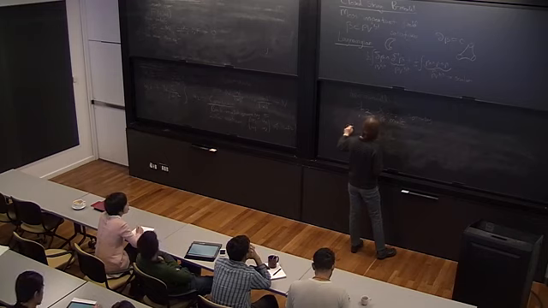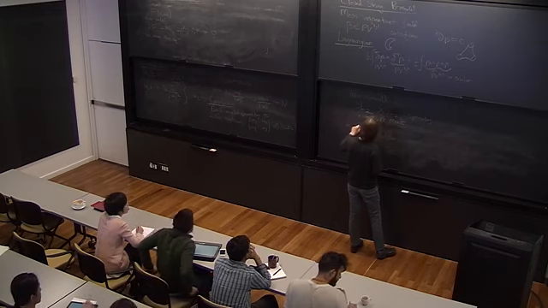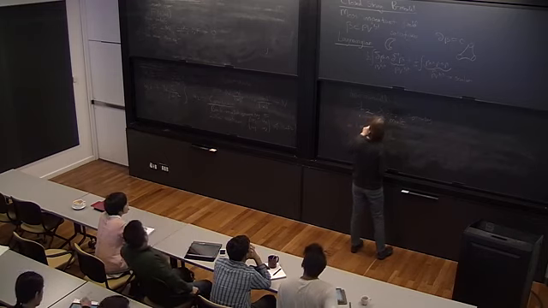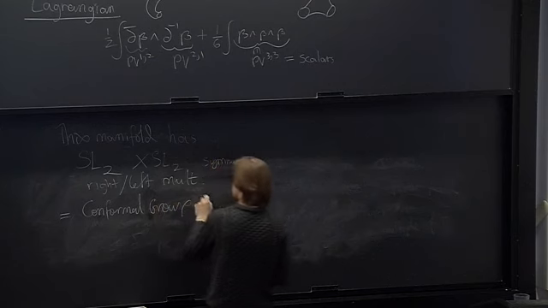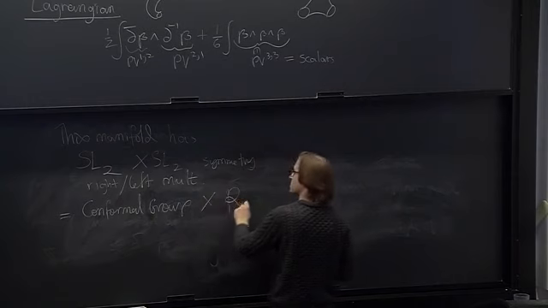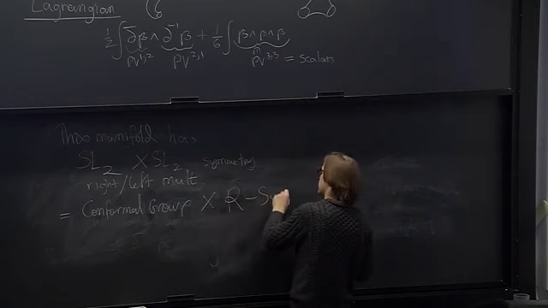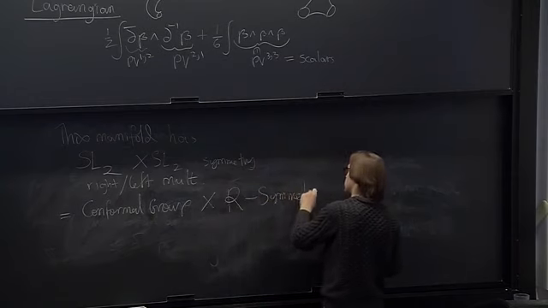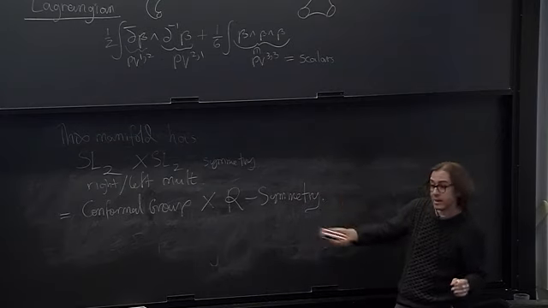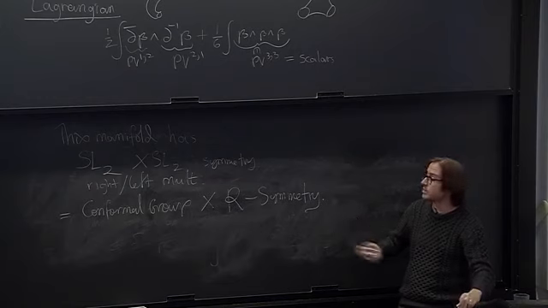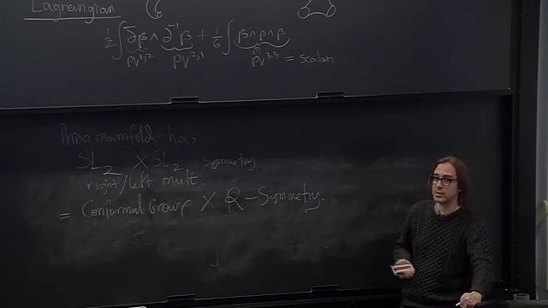This is equal to conformal symmetry times the R symmetry. So we didn't have to do any near horizon limit to get here, so it's much easier than the usual holographic situation.